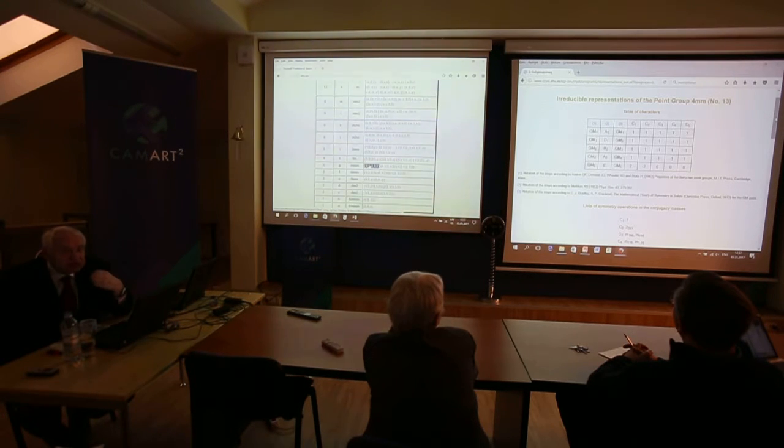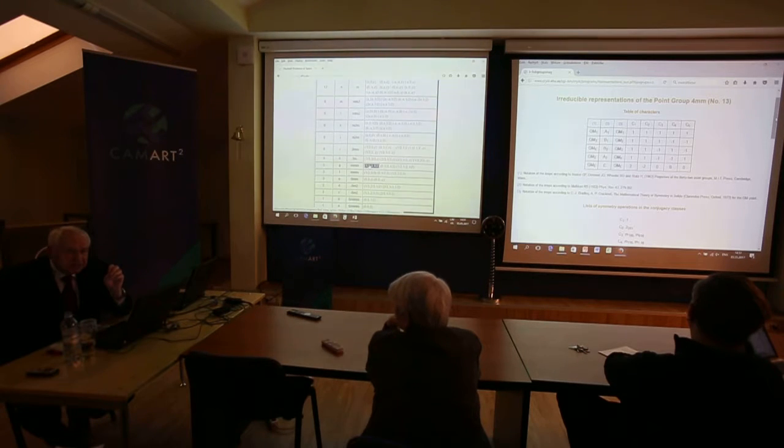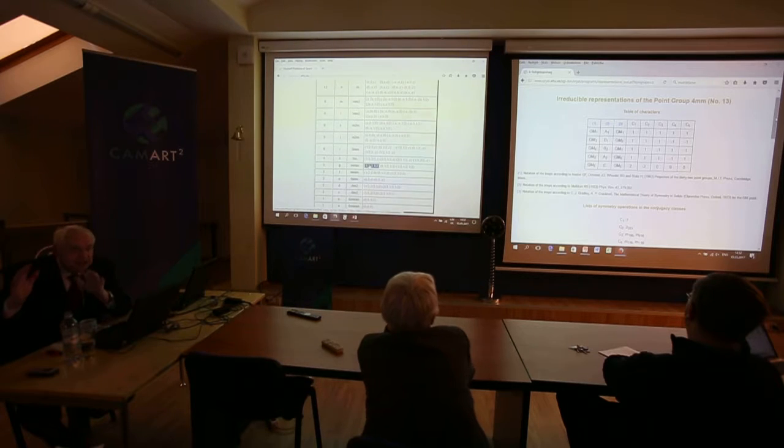What is an irreducible representation? When you have different sets of matrices, the irreducible one is that matrix representation in which matrices cannot be divided into blocks, into parts of lower dimension, cannot be reduced. This is irreducible.